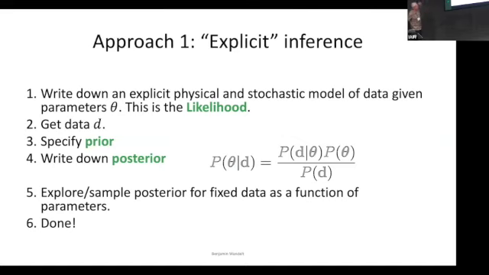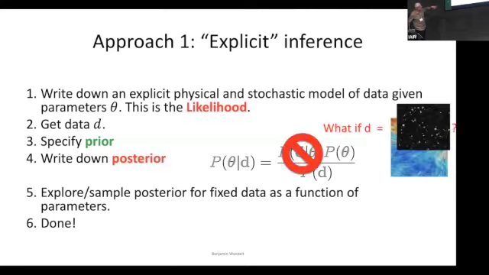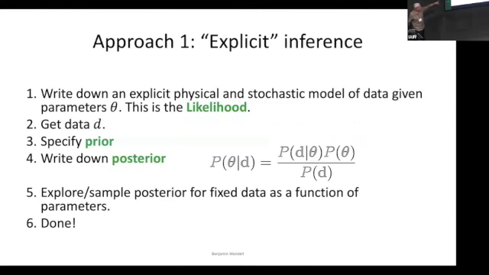Okay. So here is how you would do what I would call explicit inference. This is how you compare the data to the theory. You write down an explicit physical and stochastic model of your data, given your parameters theta, and this is called the likelihood. That's that object there, P of D given theta. You get your data.